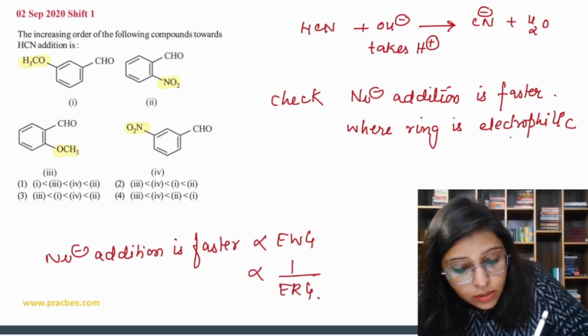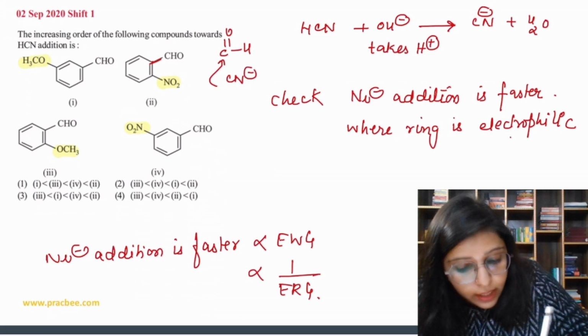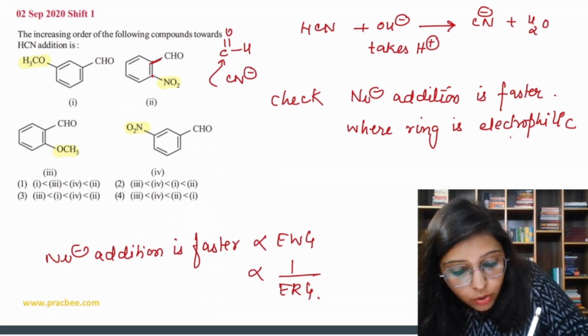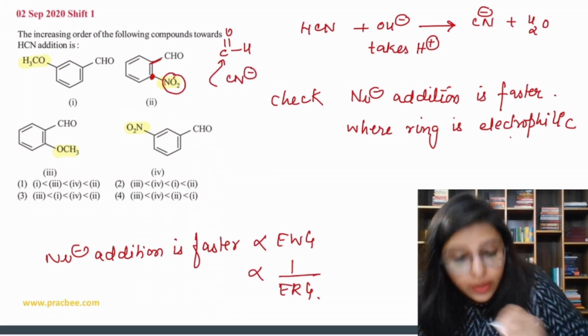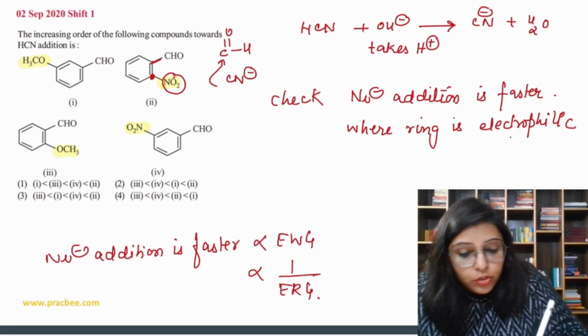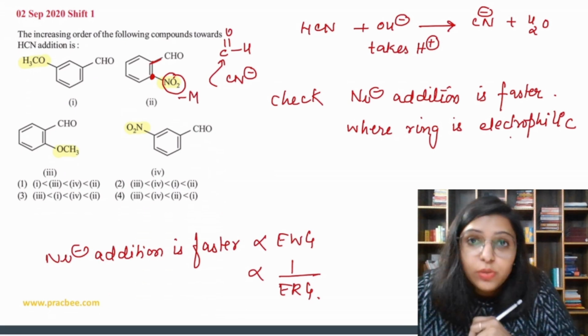So this is CHO, C double bond O, and here CN minus is going to attack. Now at the ortho position we have an NO2 group. So at the ortho position we write the minus M effect, mesomeric effect.